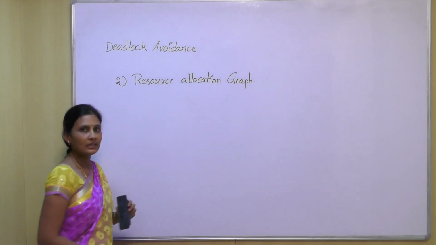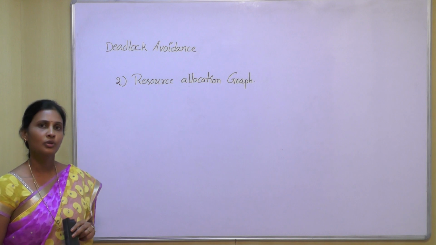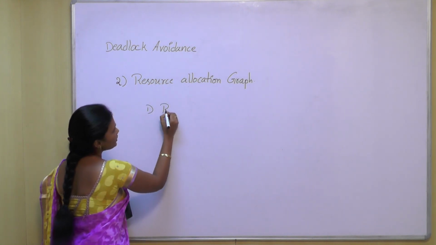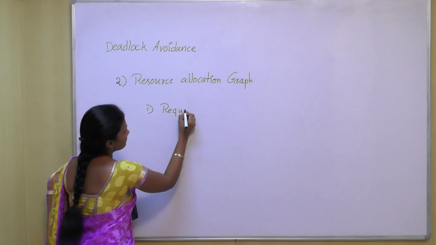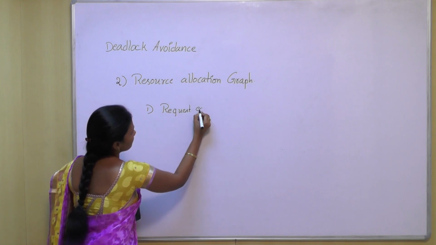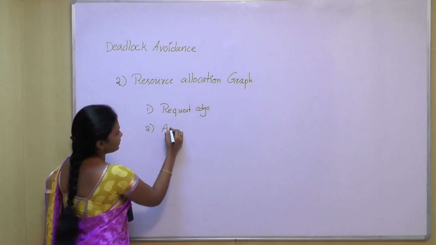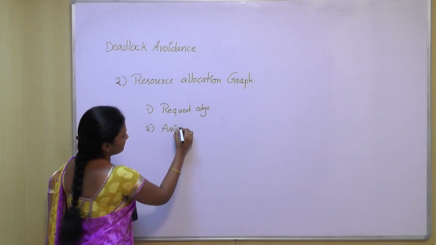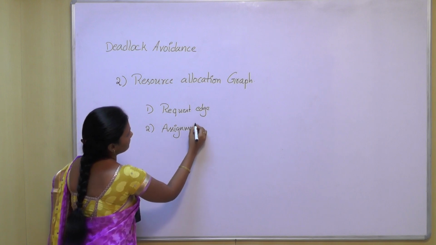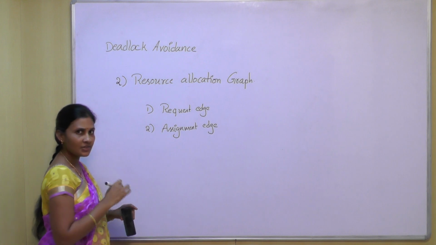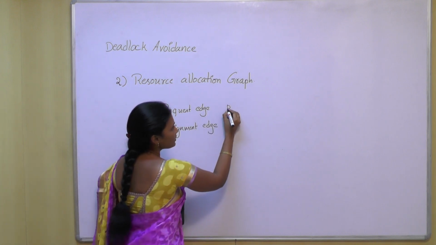In this resource allocation graph, you already know what a request edge and an assignment edge are. The request edge is from the process to the resource.